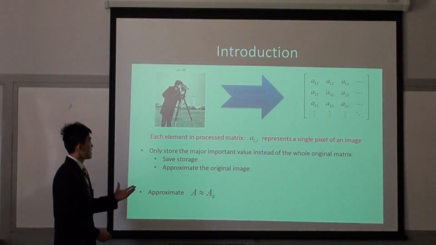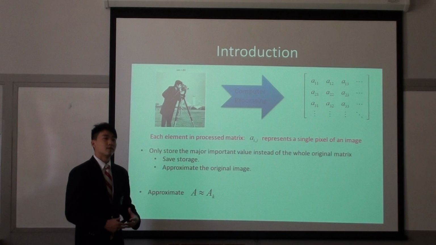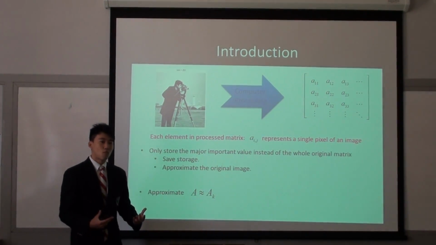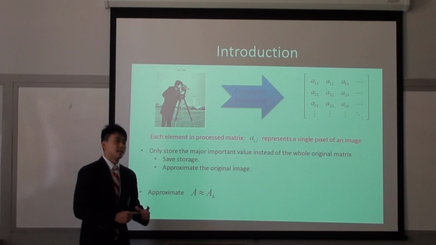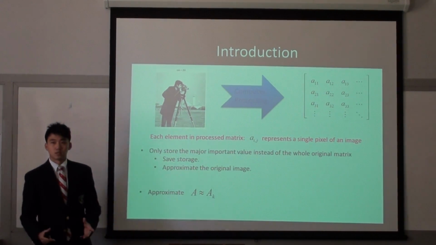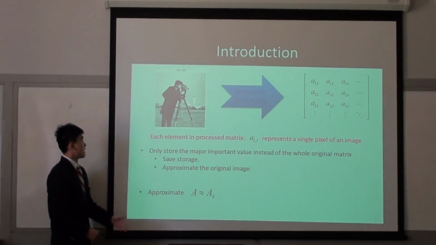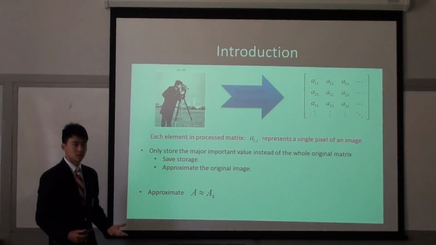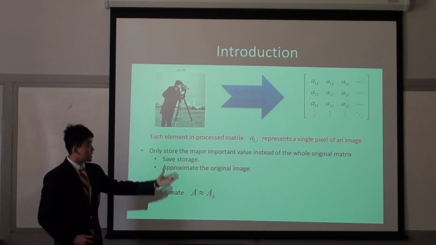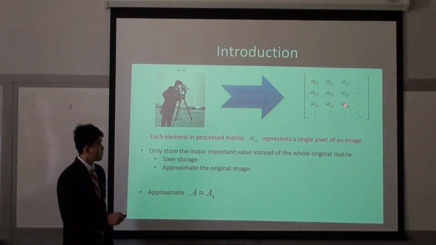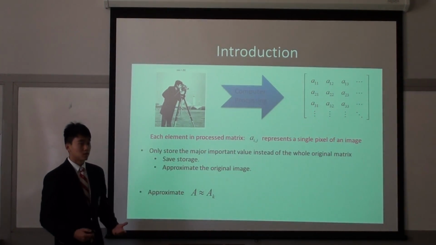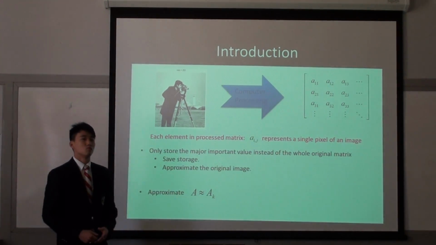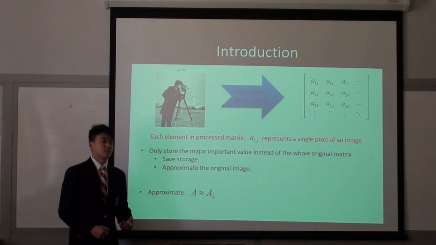Every image we receive, if you want to turn it into a computer system, will be transformed into a matrix form and then stored in the computer system. So, for example, we have this camera man right here. You put it in the computer system, it will be transformed into that kind of matrix form and stored. Also, each element of this matrix represents a single pixel of that image.